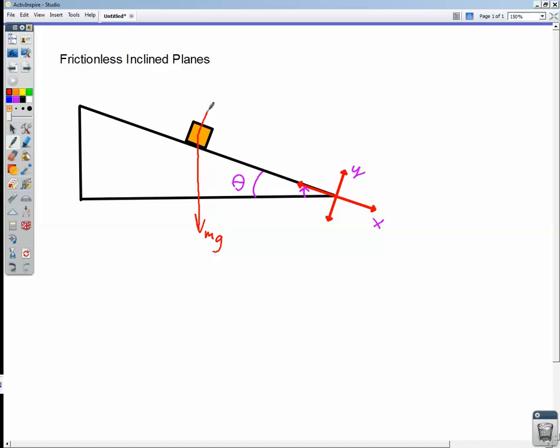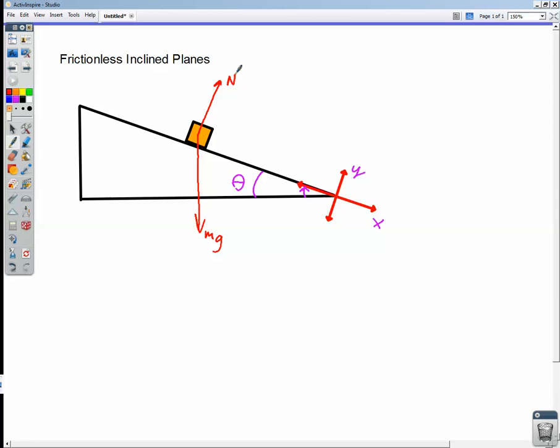So in this new coordinate system, our normal force is going straight in the positive y direction, and our weight, mg, is going at some angle. If there is no friction, then these are the only forces that are acting on the box.